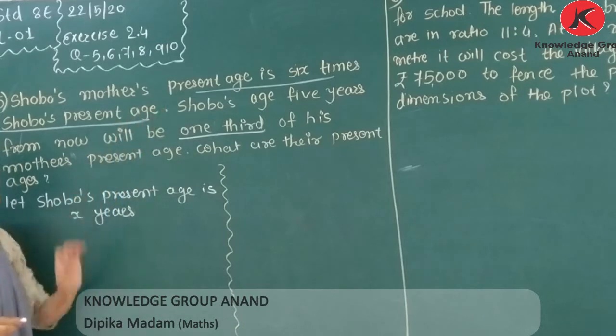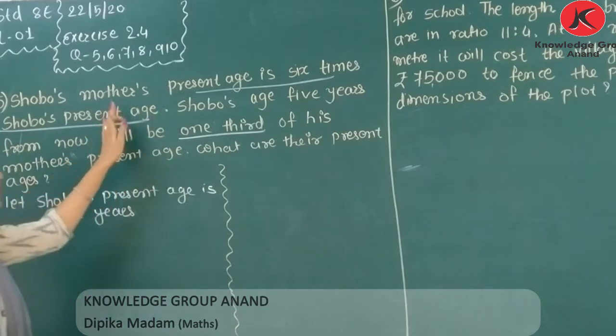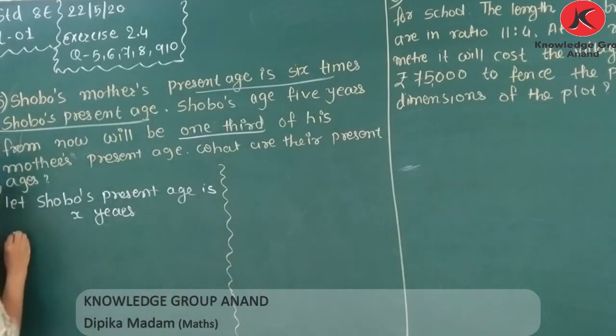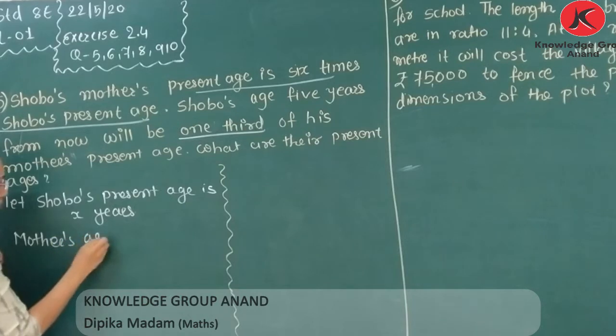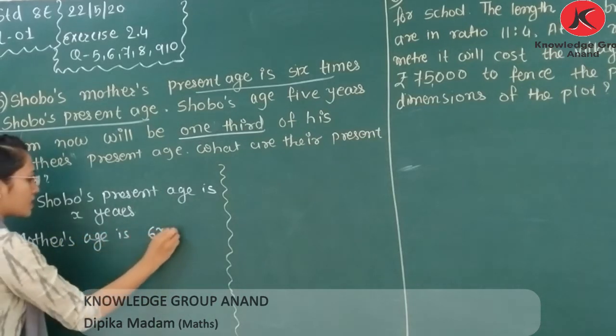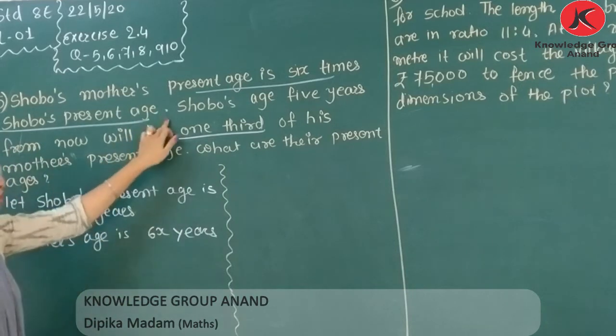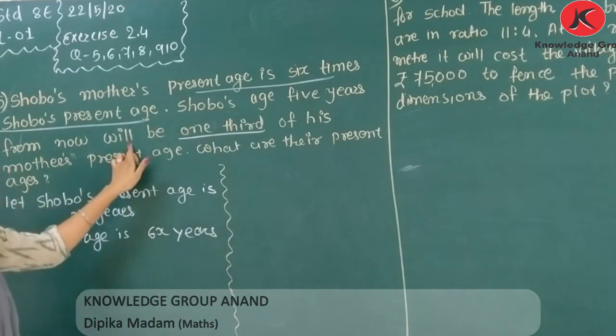Now, in the statement it is written mother's age will be 6 times Subhu's age, so we can write mother's age is 6x years. Now, next statement is Subhu's age 5 years from now.